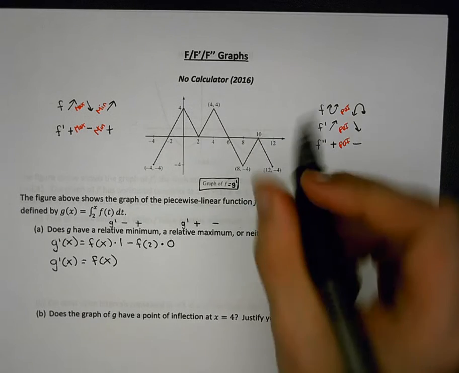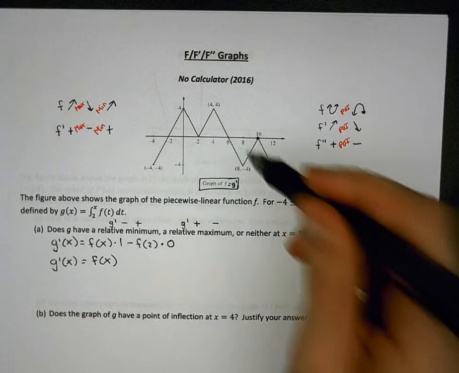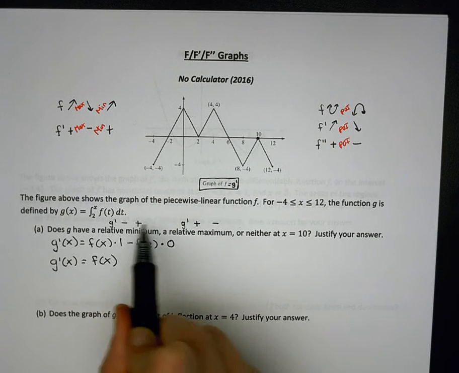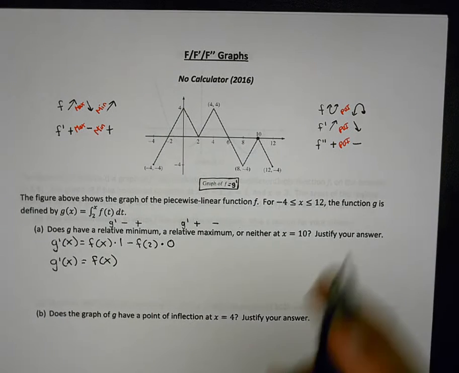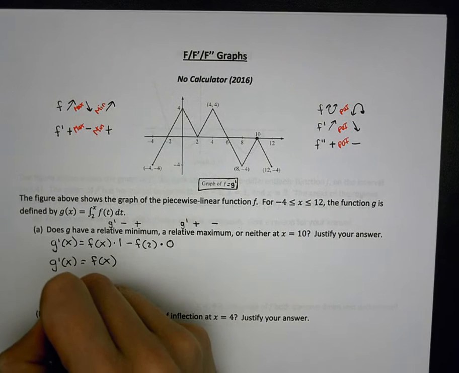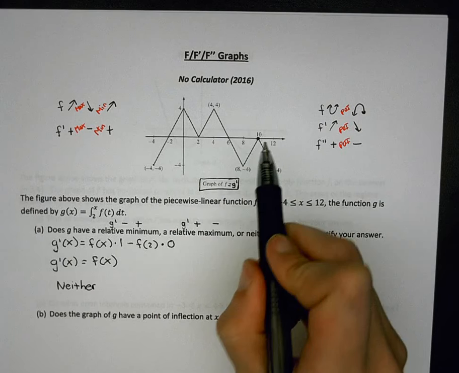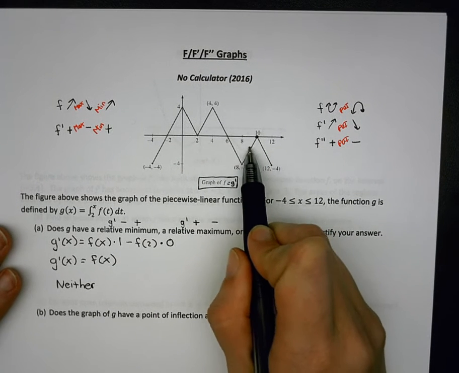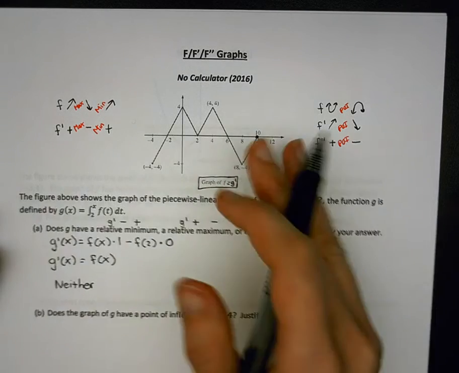So at x equals 10, which is here, does my g prime change from negative to positive, positive to negative, or neither? And in this case, it's neither. Because my g prime here was negative to the left, right? It's below the x-axis to the left of 10 and still below the x-axis, still negative to the right of 10.